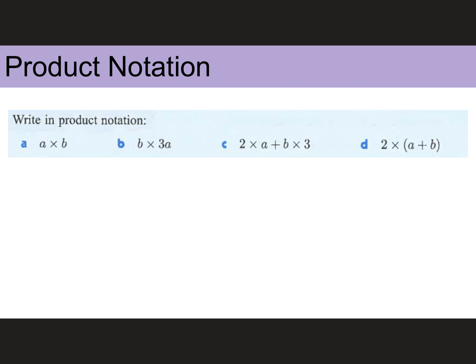Okay, so there's some very simple rules that we need to follow. If you don't follow them, it's not always going to be incorrect, but it is just good practice to follow these rules. Now, whenever I have 2 letters next to each other, A and B, it implies that there's a multiplication sign, or that they're being multiplied together.